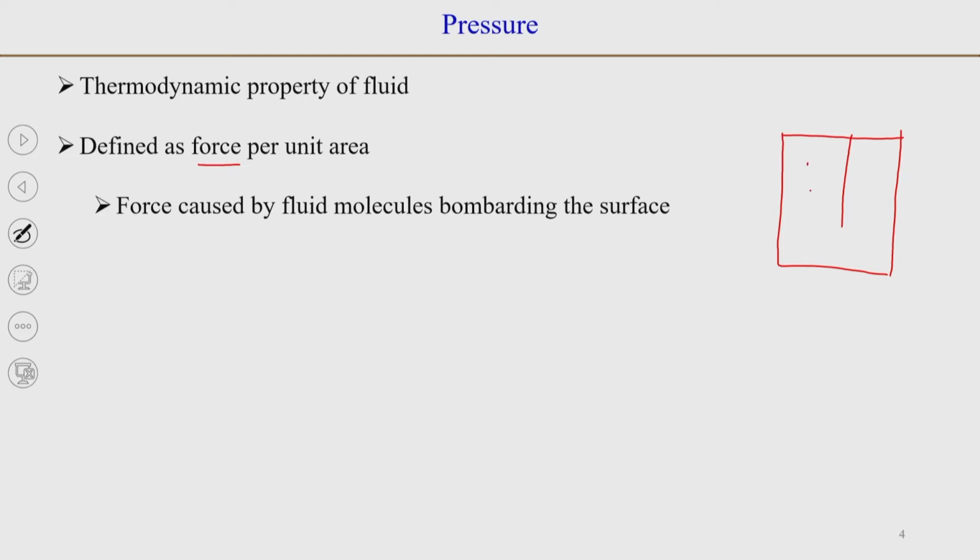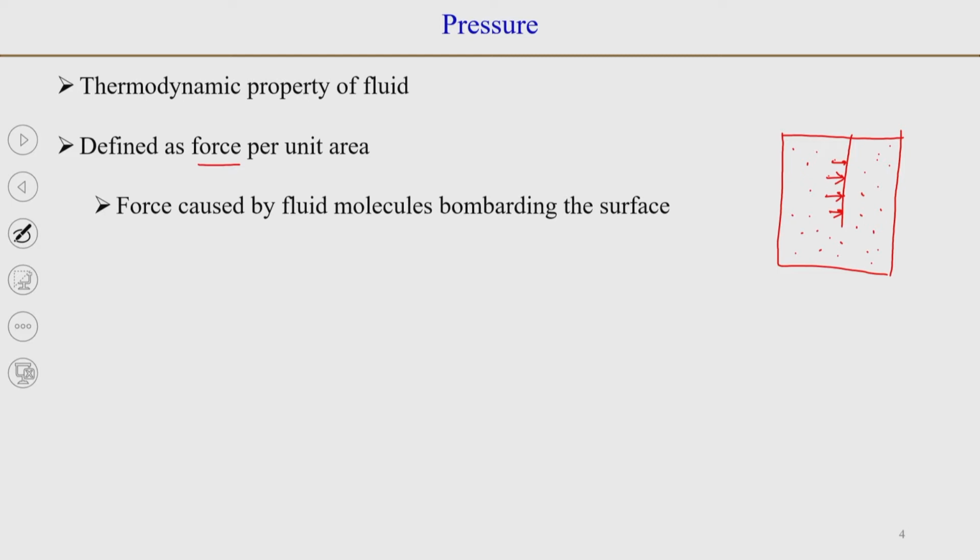The molecules in this vessel will be distributed randomly, and these molecules will have their random motion, and during this motion they will collide with the surface and cause a net force normal to this surface. So, this force per unit area is what is called pressure.